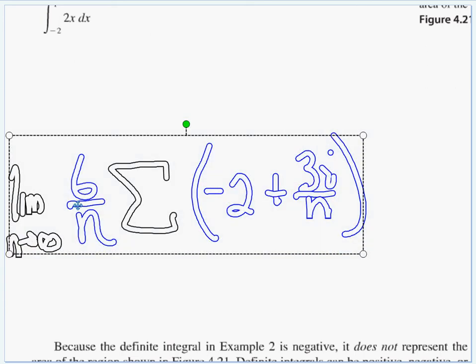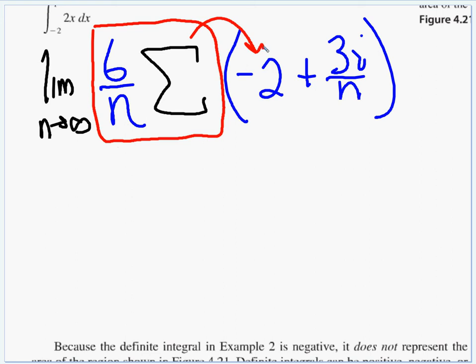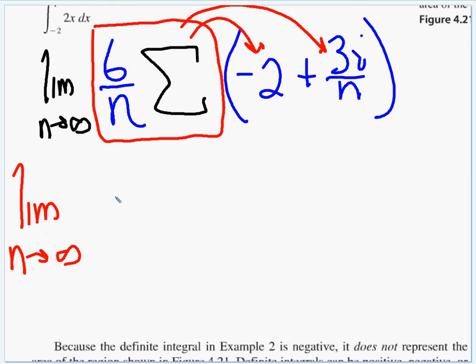Let's distribute the 6 over n and the summation to the -2, and also distribute it to the second term. And we'll just keep our limit notation nice and safe out here. So let's see, I'll do the first one in black ink.